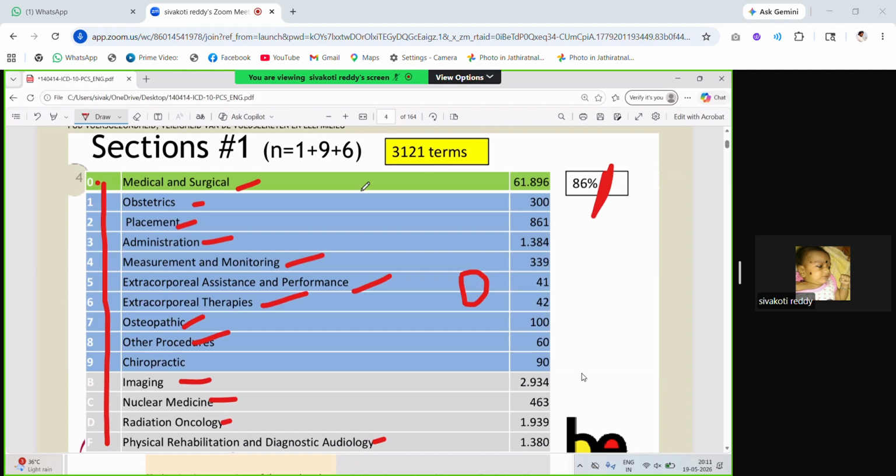So if you learn the medical and surgical section, you will cover almost all of PCS. The remaining sections do not have many guidelines. Whatever we discuss now is related to the medical and surgical section, and our procedures start with 0.